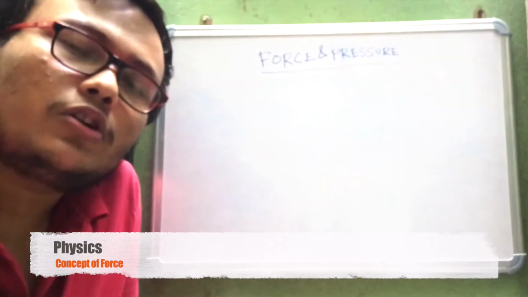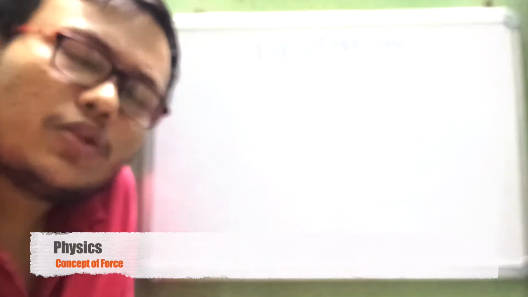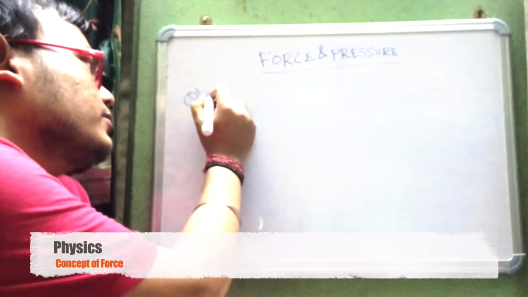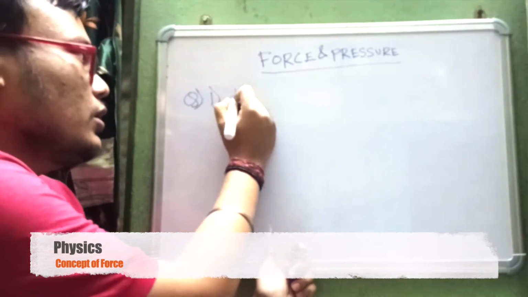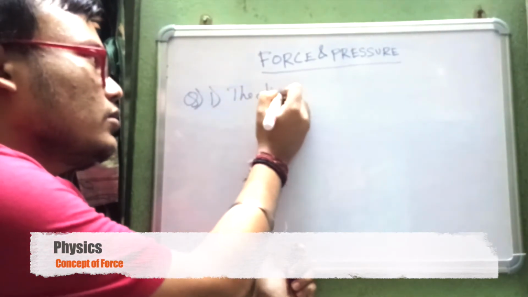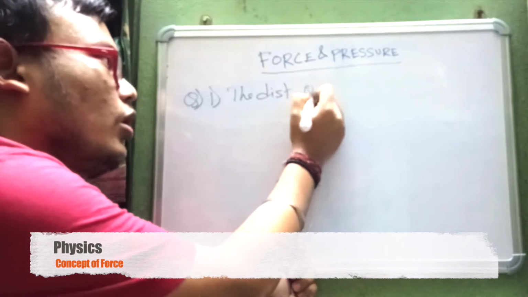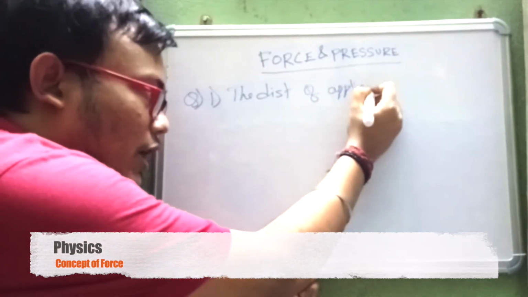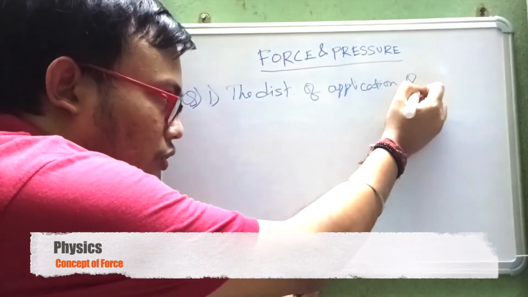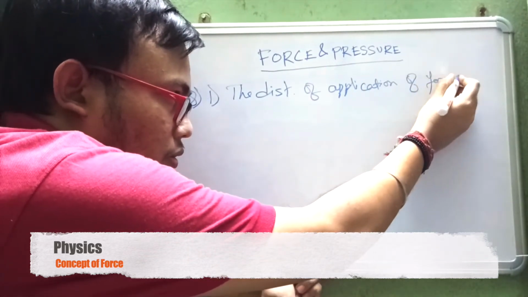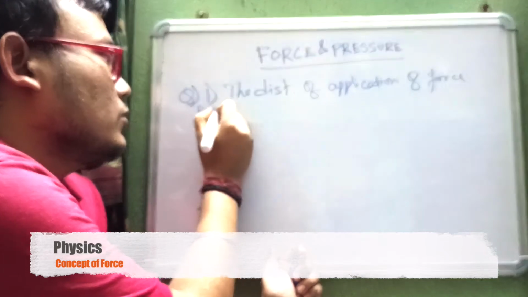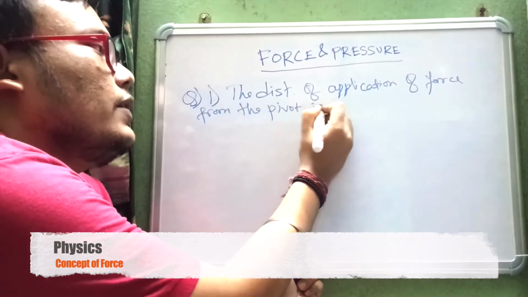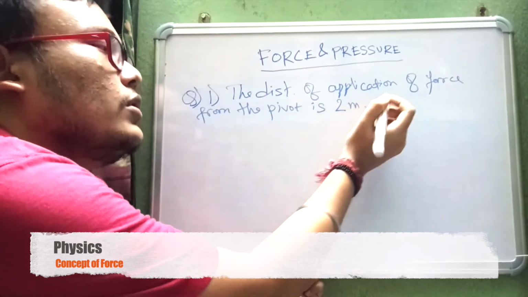Now we will move on to a numerical to understand the concept better. The first numerical says that the distance of application of force from the pivot is 2 meters.